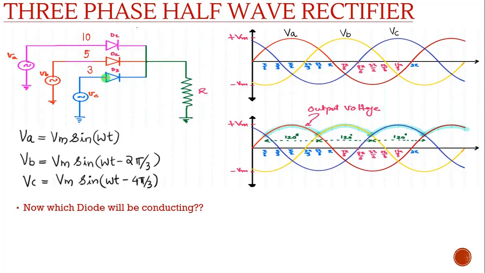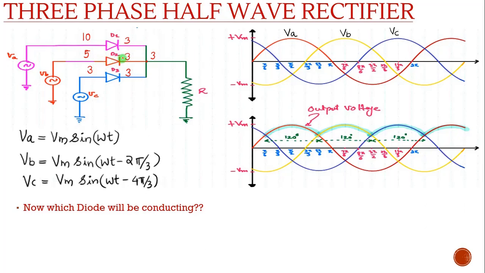If diode D3 is conducting, anode is 3 volt, so in cathode also we will be getting 3 volt, right? So at this point also I will be getting 3 volt. Here in anode it is 5 volt and cathode it is 3 volt. Whether this diode will be forward bias or reverse bias?